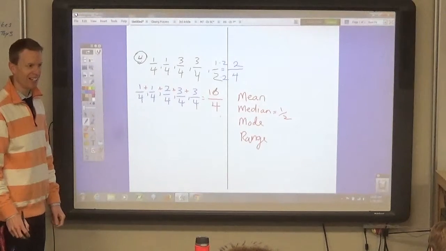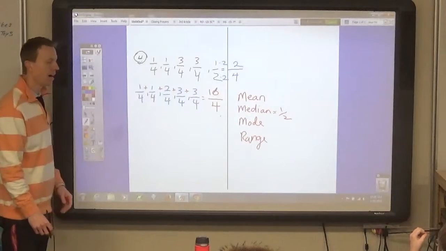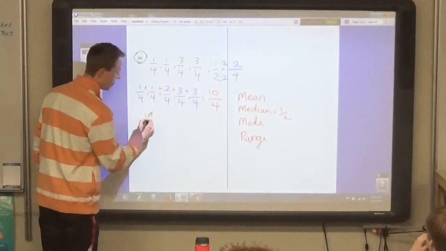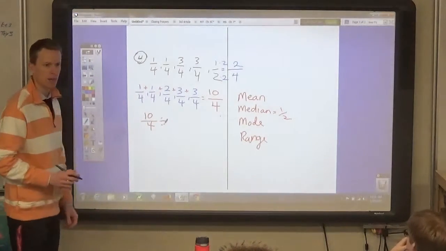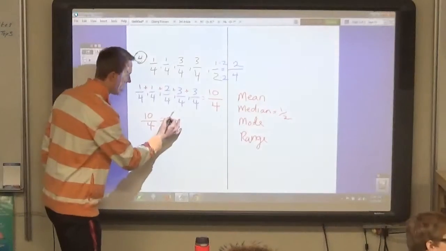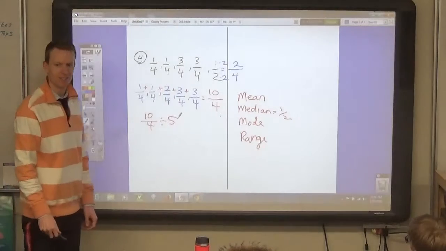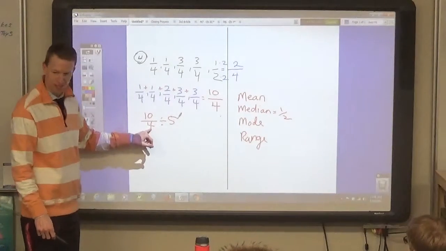Ariana? Okay, pay attention up here. Now, we have to divide in order to find the mean. 10 fourths divided by what? 5. Divided by 5. Oh, how do you do that? How do you divide a fraction?